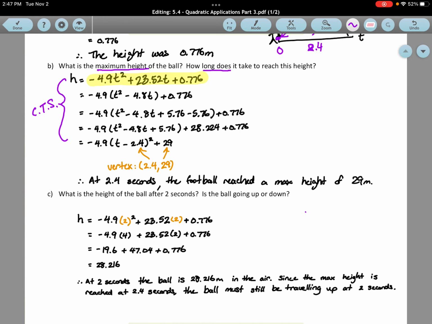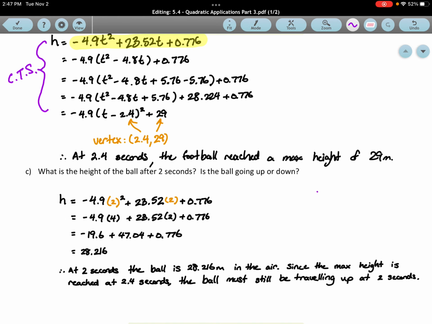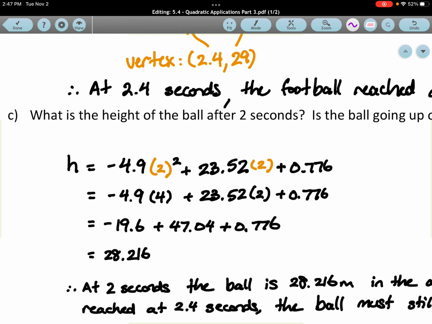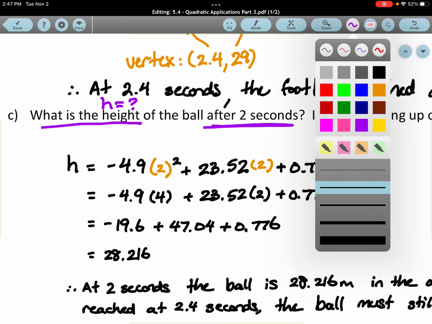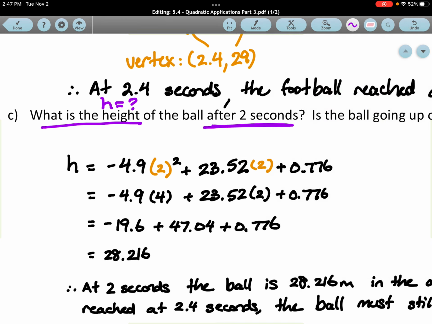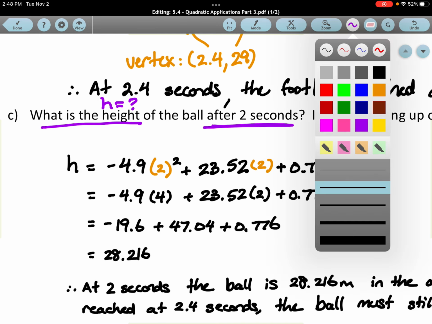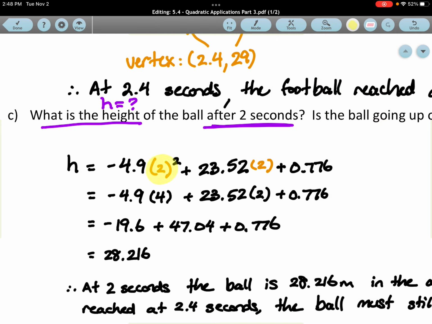What is the height of the ball after 2 seconds? Okay, so this one is saying, what is the height? You're looking for h. And then the time is 2 seconds. So obviously what I'm going to do is sub 2 into wherever there was a t in the equation. Okay, and then you're just going to use your BEDMAS. So 2 squared is going to be a 4.